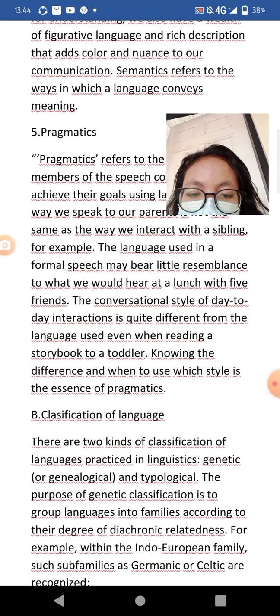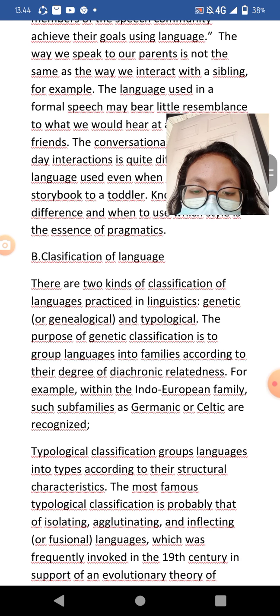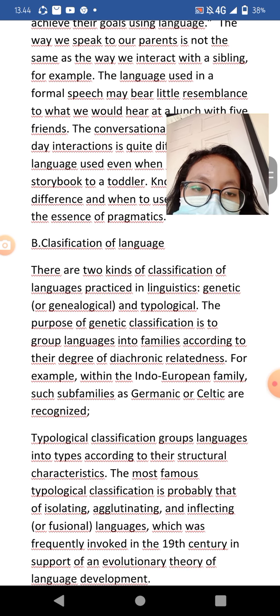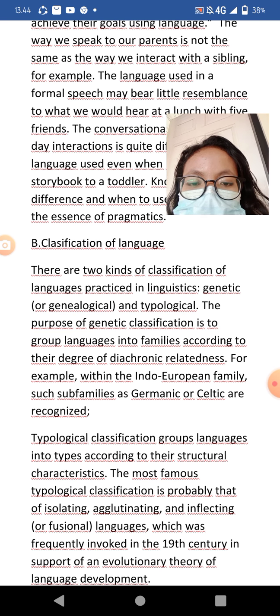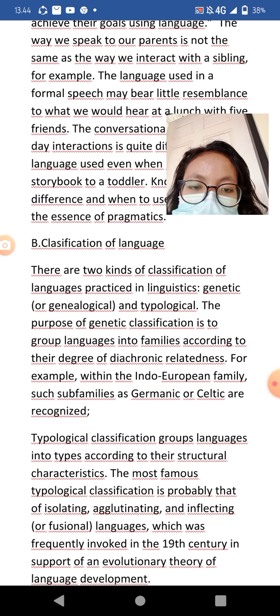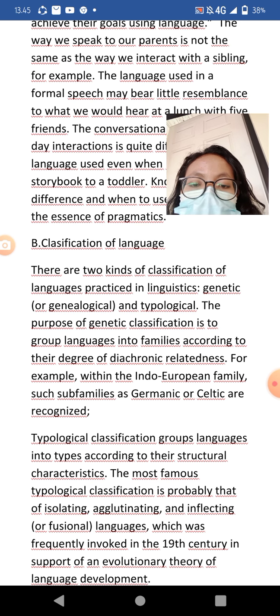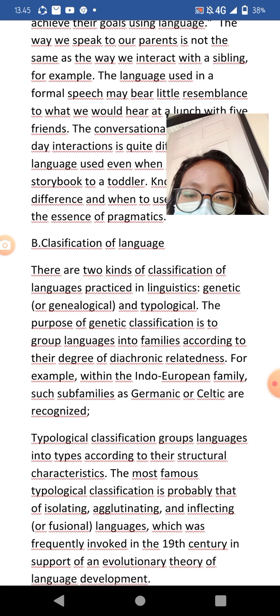B. Classification of language. There are two kinds of classification of language practiced in linguistics: genetic and typological. The purpose of genetic classification is to group languages into families according to their degree of diachronic relatedness. For example, within the Indo-European family, such subfamilies as Germanic or Celtic are recognized.